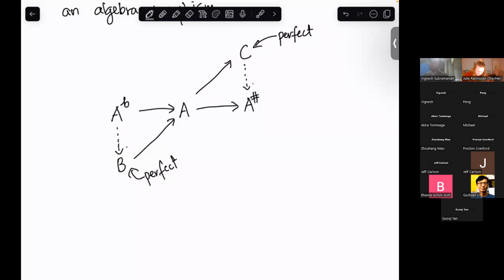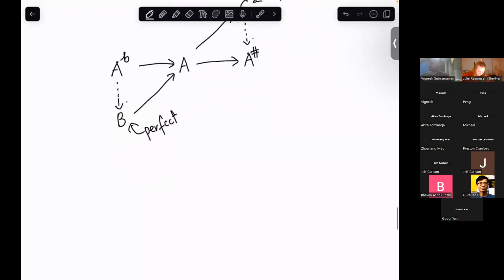This is what happens for ordinary rings. You get factorizations like this. And not only that, we have a formula, which is why I call these limit perfections and colimit perfections. The limit perfection is given by taking the limit over the Frobenius. The colimit perfection is given by taking the colimit over the Frobenius.